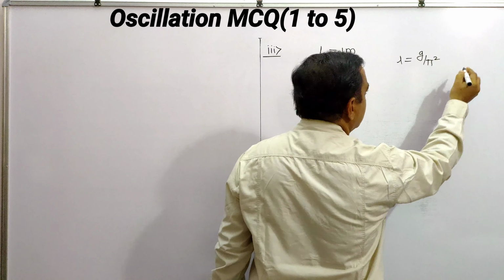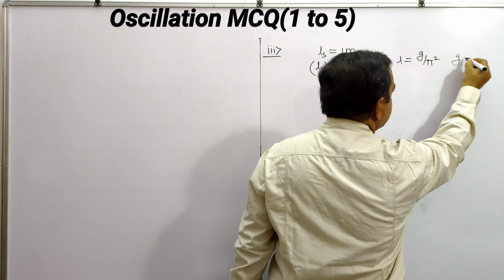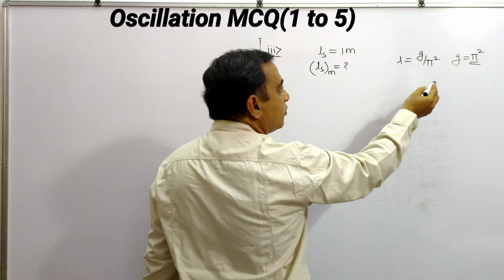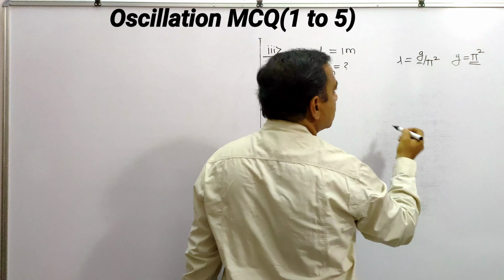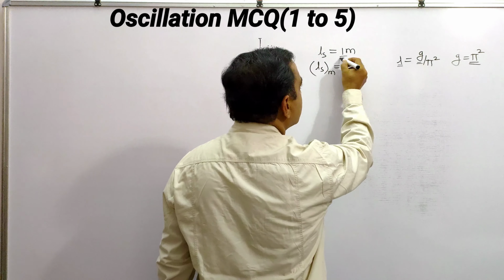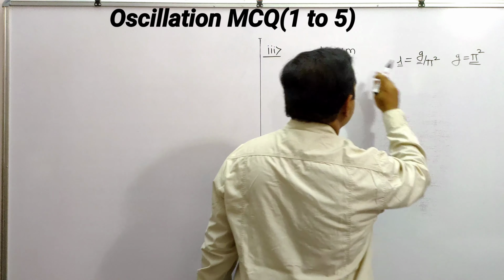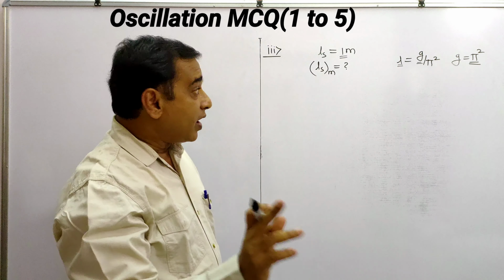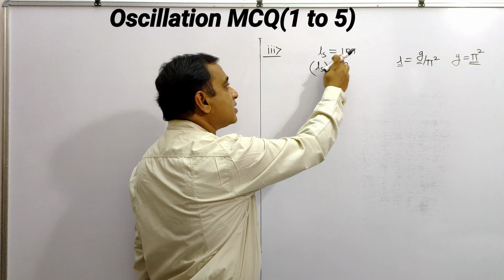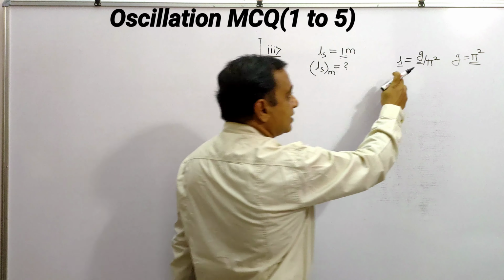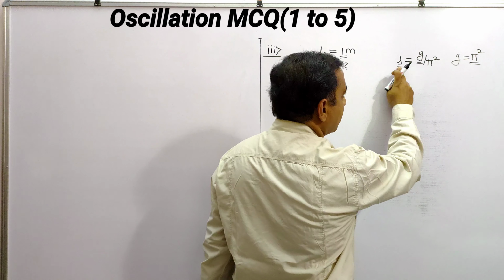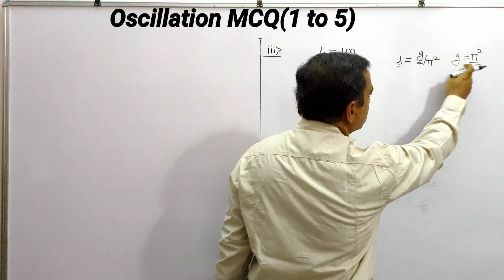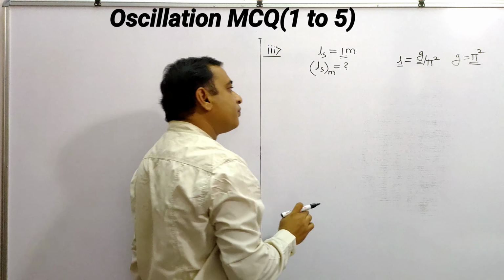You get the value after substituting: g is equal to pi square when the length is equal to 1 meter. Obviously it is given as 1 meter, and that's why g is equal to pi square. I need to consider the length of the seconds pendulum as 1, and only then. If we substitute 1, pi square is taken to the left hand side, so pi square is equal to g. That means g is equal to pi square.